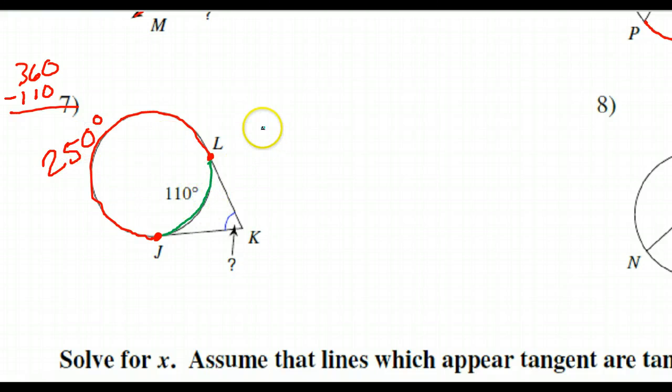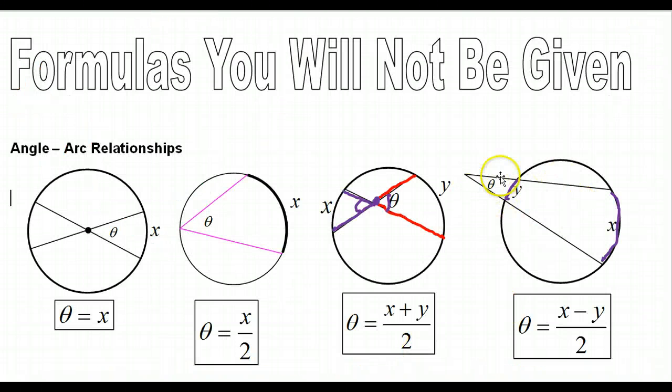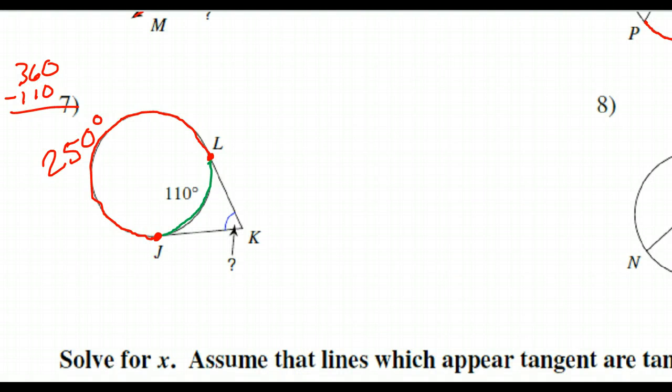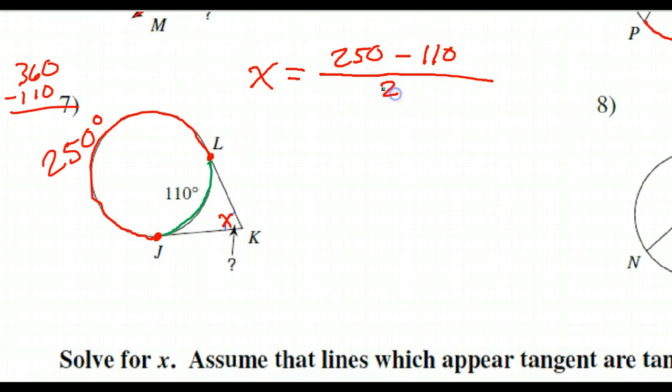Alright, so we have both arcs. So we can go ahead and use, again, situation number 4, angle equals big arc minus small arc divided by 2. So I will do, the variable this time is the angle, so I get to go angle equals big arc minus small arc divided by 2.